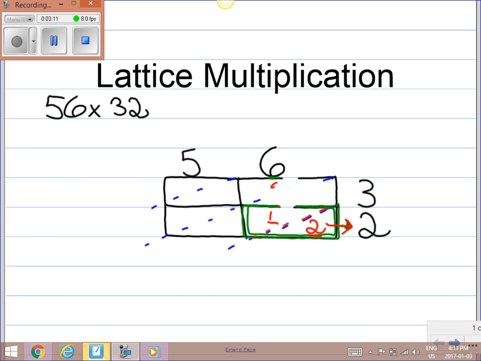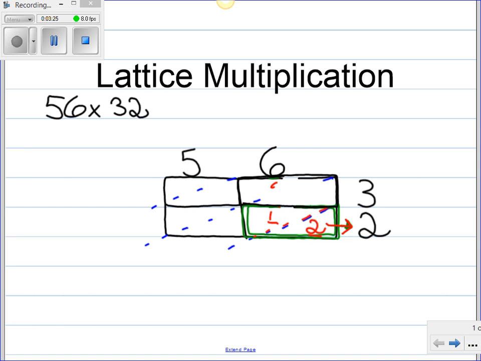We're going to look at the next one. The neat thing about this is it really doesn't matter where you start, because you're going to get the same answer regardless. In this top right-hand box, we're multiplying the 6 and the 3, which is 18.